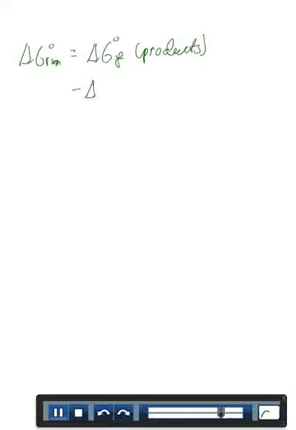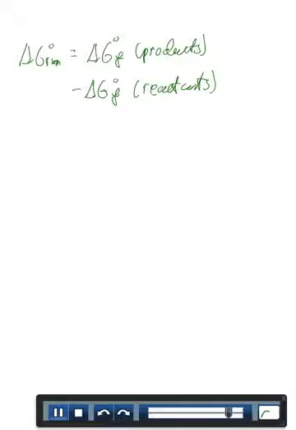So delta G reaction can be the delta G of formation of all the products minus delta G formation of all the reactants. Now, just as with delta H, you have to multiply by the number of moles.